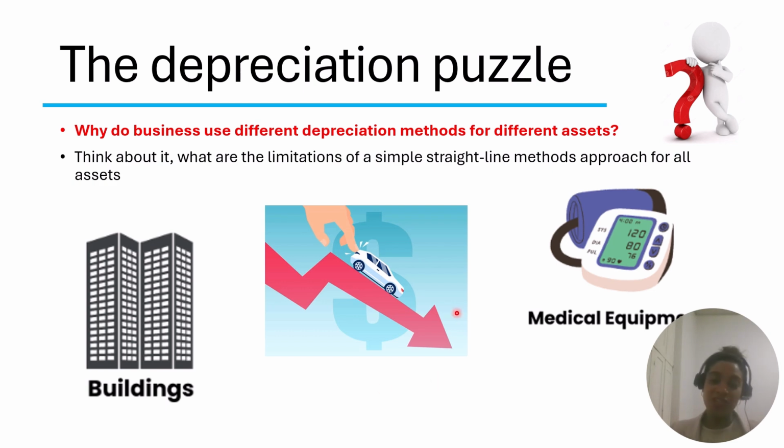The depreciation puzzle. Why is it a puzzle? Let's see. Why do businesses use different depreciation methods for different assets? So when we look at the three different assets below, okay, we have talked about buildings being an investment.